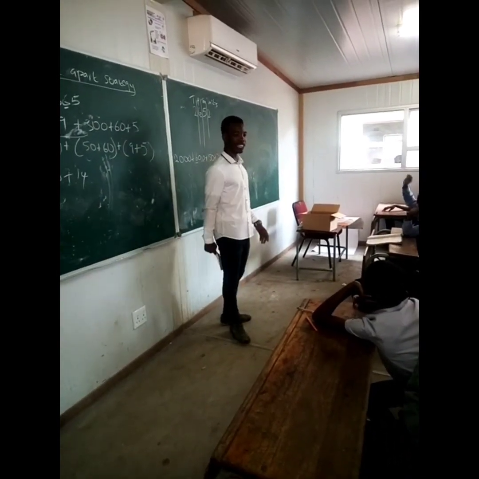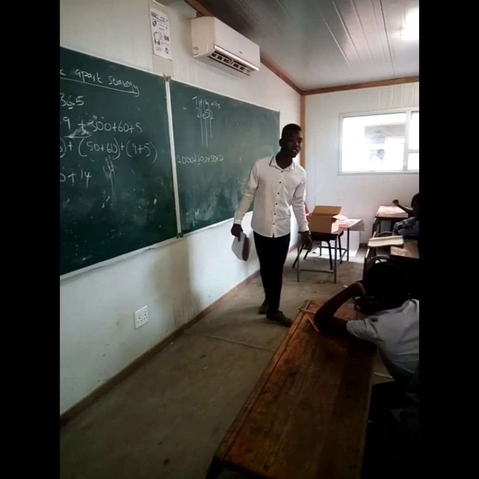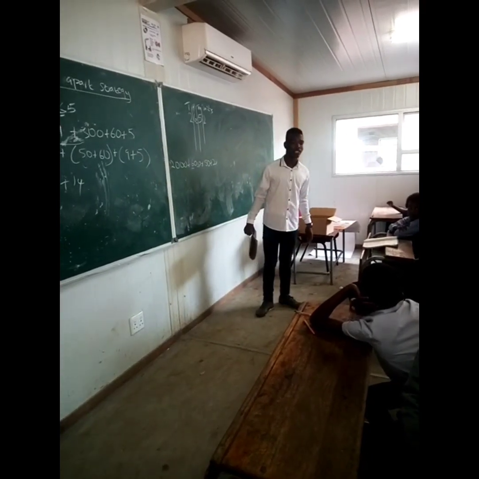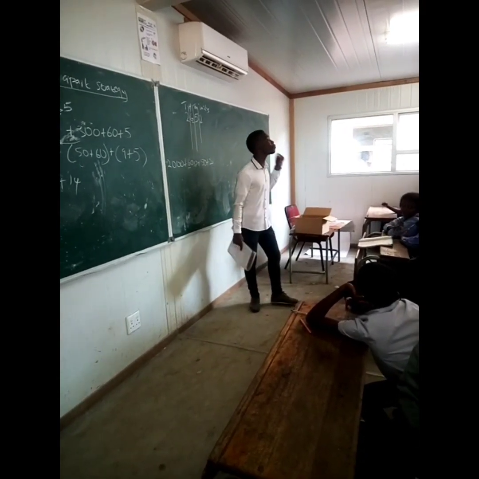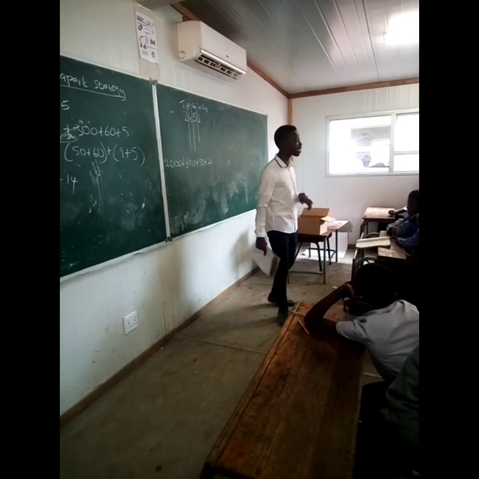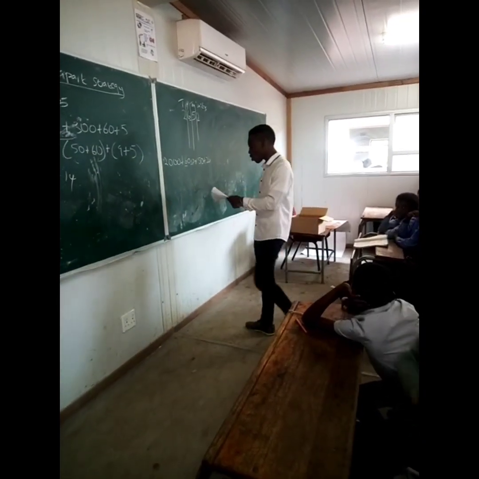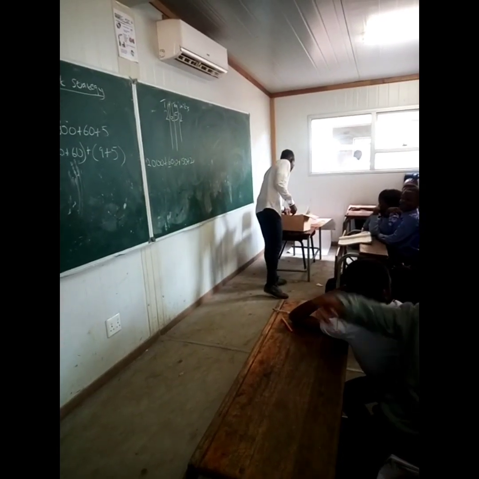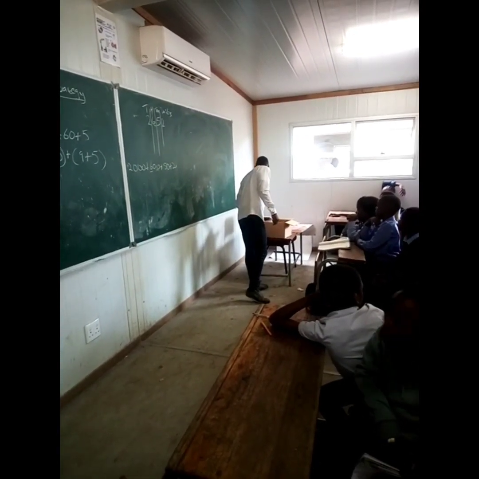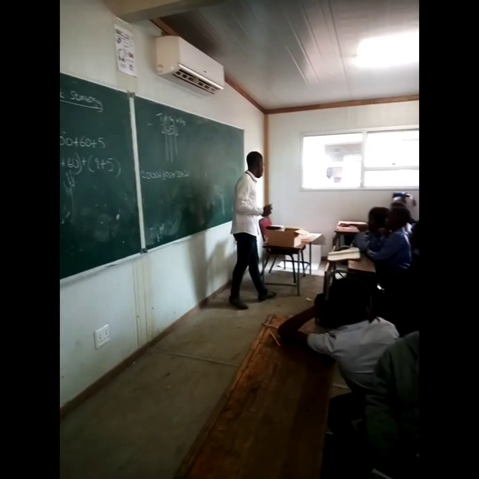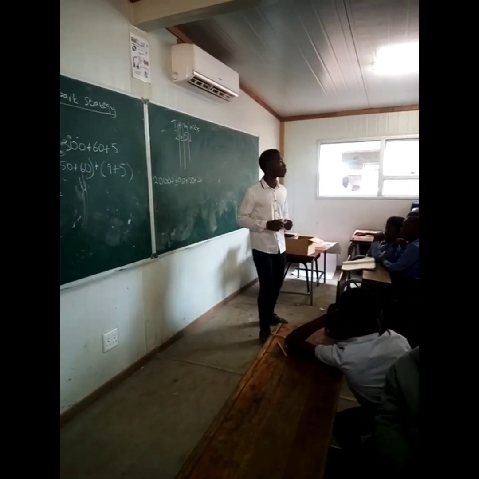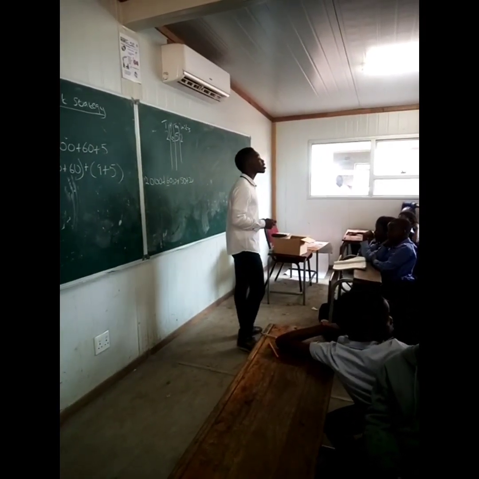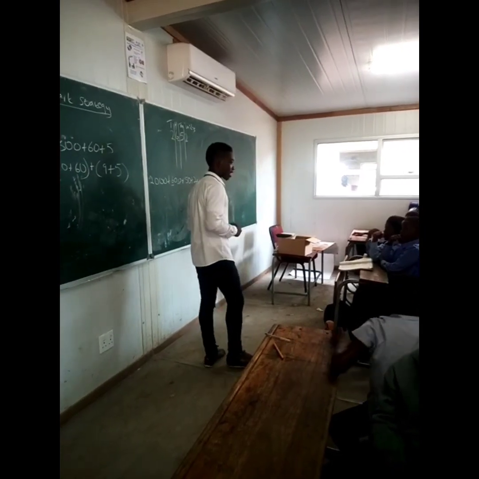So, why does the 6 have 2 zeros? Because it represents 100, right? Very good. So, through the breaking apart strategy, we can use it to add and also subtract, right?